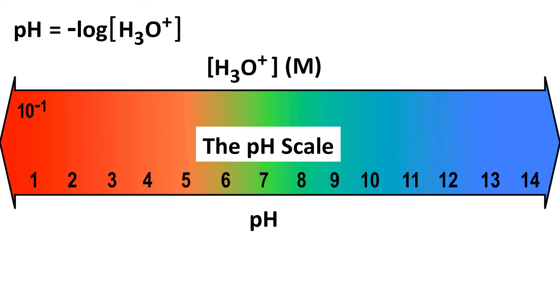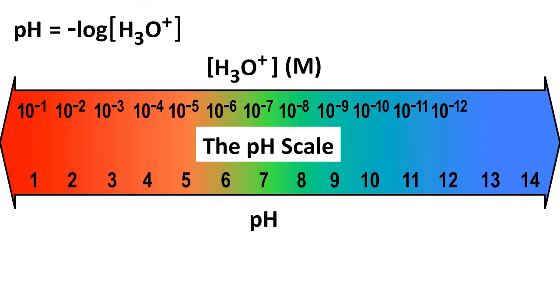And so a pH of 1 corresponds to a 10 to the minus 1 or 0.1 molar hydronium ion concentration in solution. A pH of 2 corresponds to 10 to the minus 2 molar hydronium ion concentration, or 0.01. pH of 3 is 10 to the minus 3rd molar, pH of 4, 10 to the minus 4th, and keep on going through, at least on this chart, 10 to the minus 14th corresponds, for that molarity, to a pH of 14.